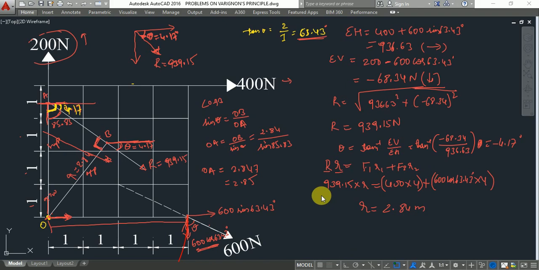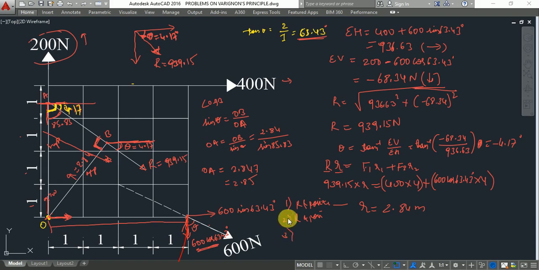So till now we have solved a variety of problems. See here, in the first problem we found the resultant and its position on a given bar. In the second problem we chose something like this, and there also we found the resultant and its position.